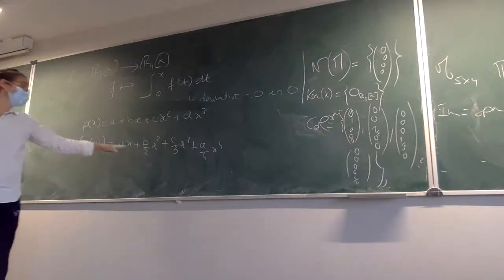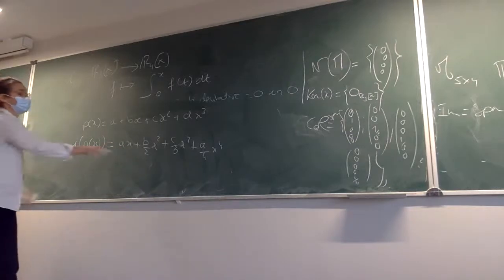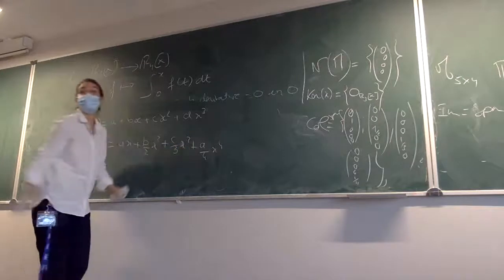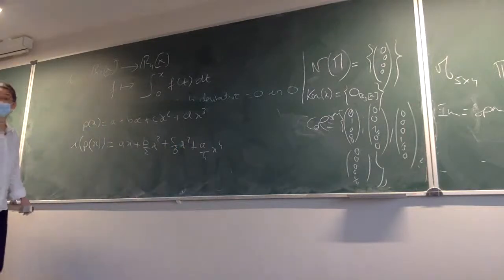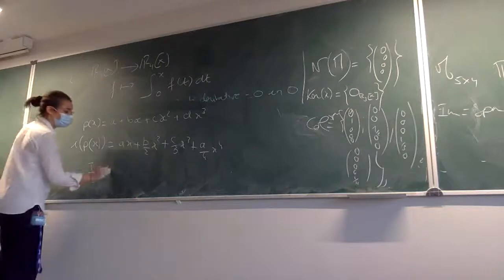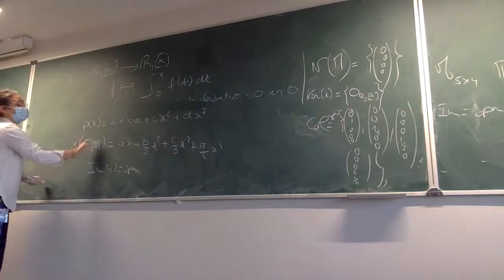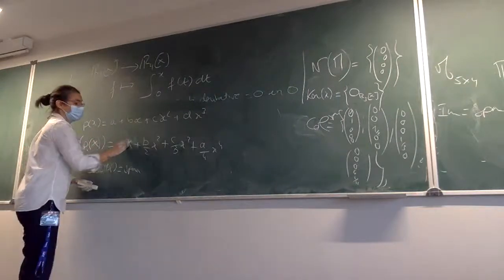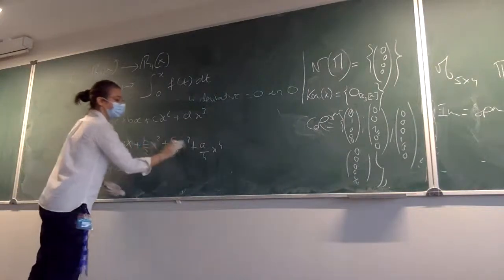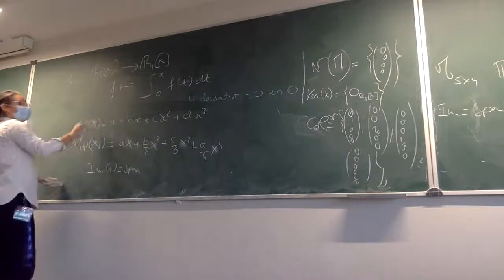Here you directly see that the image is spanned by x, x2, x3, x4. So the image of I is the span. I could have written this with a capital letter, that would have been better, actually.